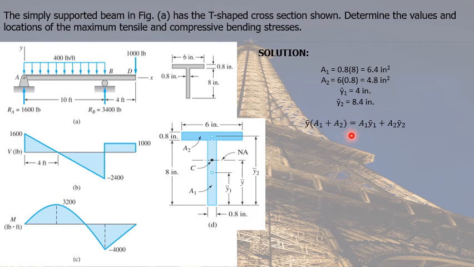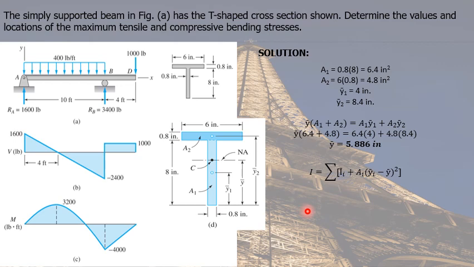Substituting our values from the above calculations, we can now solve for our y bar. Y bar located from the bottom is equal to 5.886 inches. The neutral axis of the whole cross-section measured from the bottom.